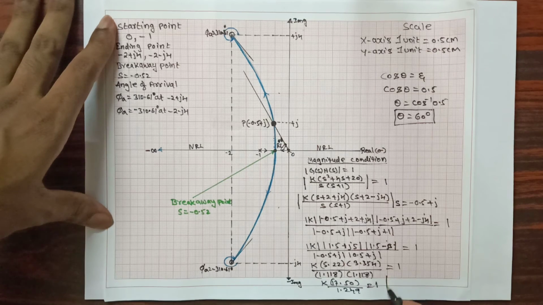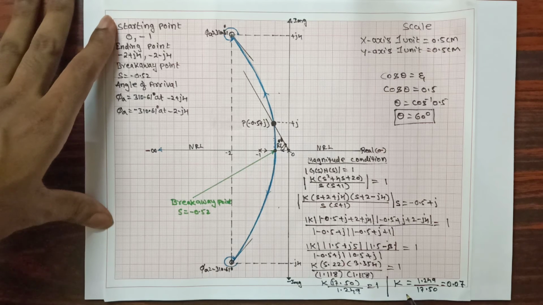Further I am getting the K value, K is equal to 1.249 divided by 17.50, which will be equal to 0.07. This is the K value I got for a damping ratio equal to 0.5.